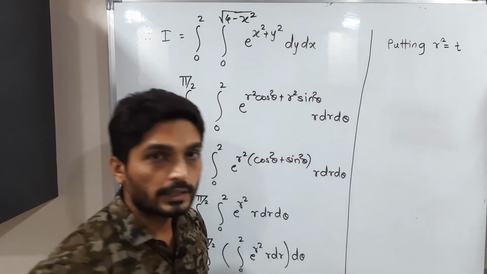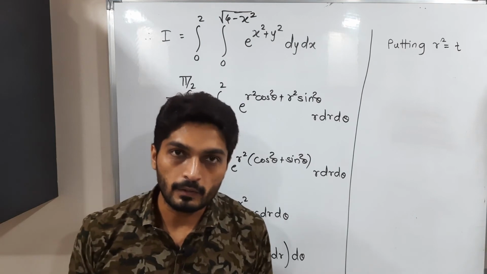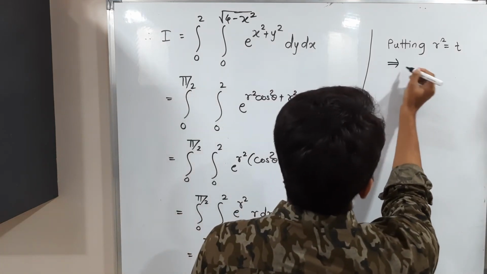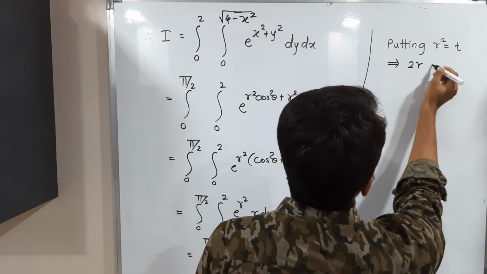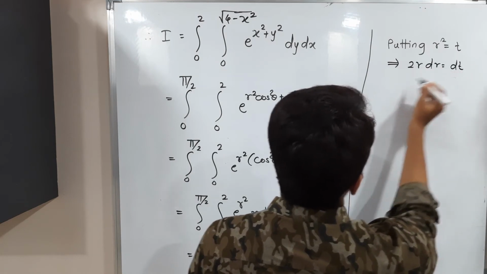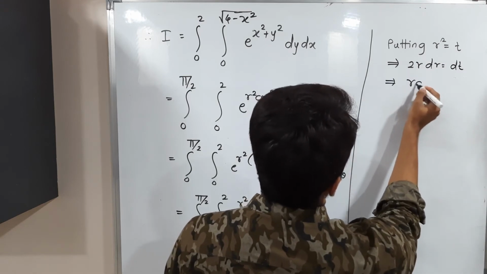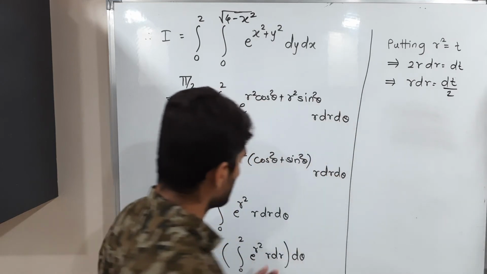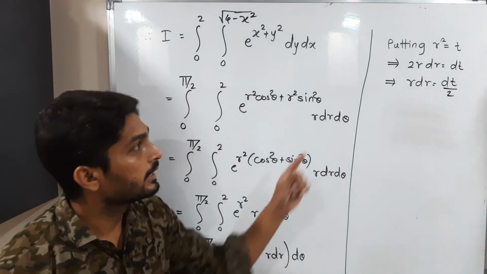When we put anything, we have to find its derivative as well as we have to change the limits. So what is its derivative? 2r dr here, and derivative of t is 1, so dt will be there. So that means r dr is equal to dt by 2. That means this r dr we have to replace by dt by 2.